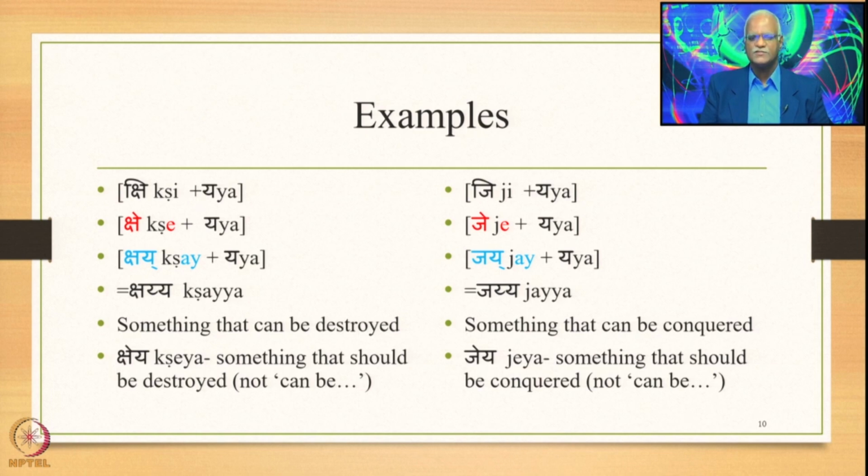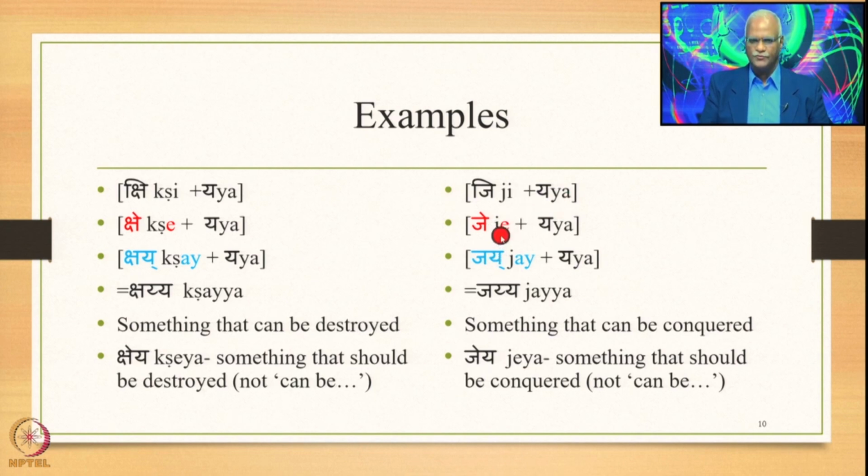Similarly, we have G plus ya, and G is substituted by J. In fact, E is substituted by A because of this ya suffix. This is once again stated by 3197, and because of this ya, this E becomes A by 7384.